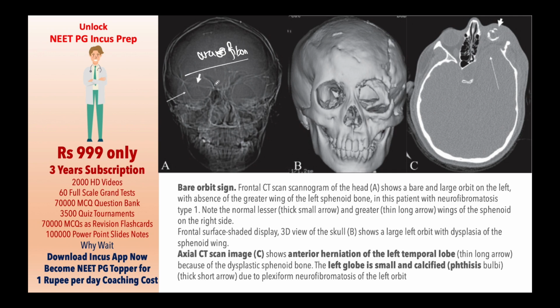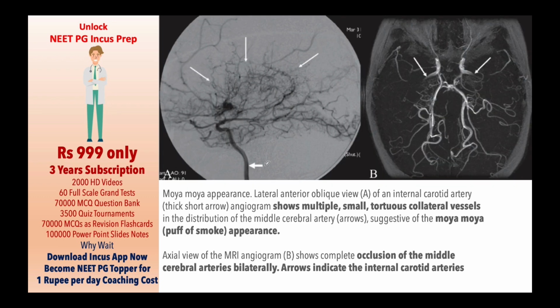And axial CT is showing an anterior herniation of the left temporal lobe, and the left globe is small and calcified, which is called phthisis bulbi. So this is what you see in plexiform neurofibromatosis. Bare orbit sign is what you need to remember.